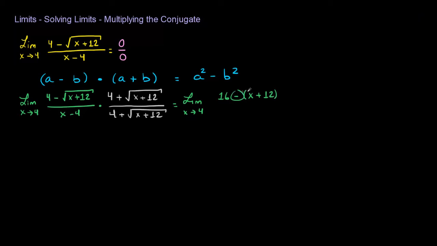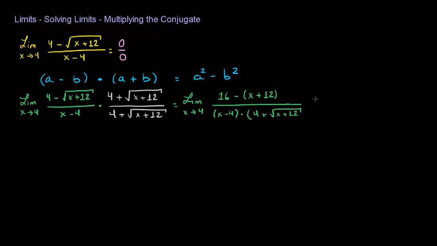We have to be careful with this negative sign, so that's why I'm using the parentheses here. It will be all over, and here we have to multiply these two. So I'm getting x minus 4 times 4 plus the square root of x plus 12.